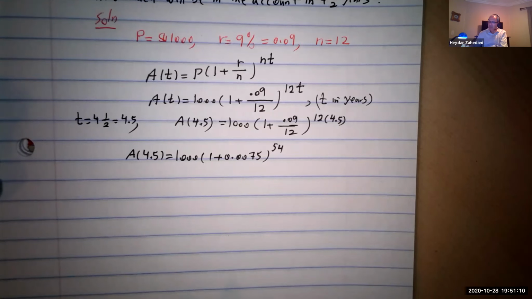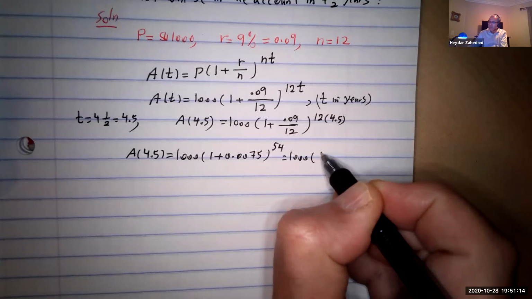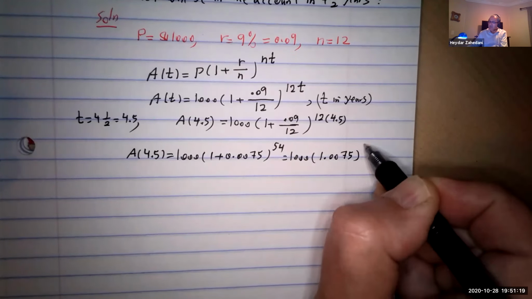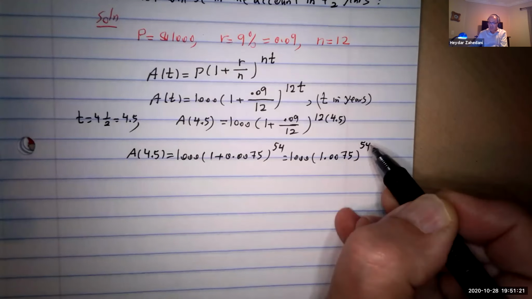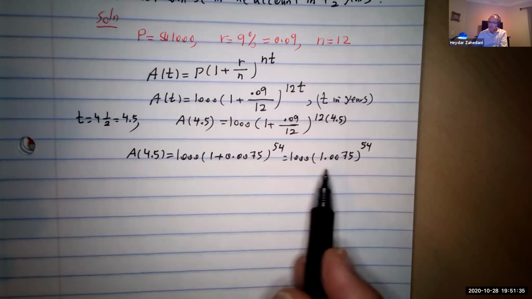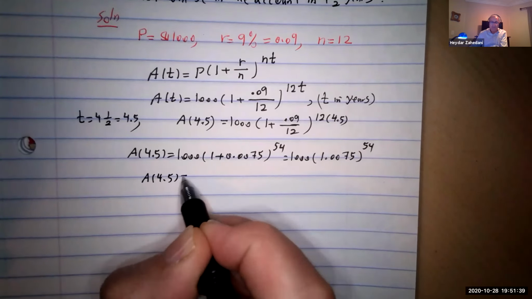So basically I multiply this 1000, and that gives me 1.0075 raised to the 54, to get these numbers. If you use a calculator, you can check.